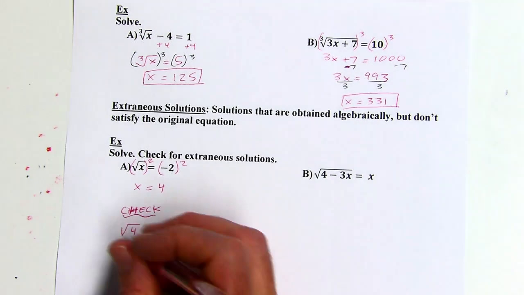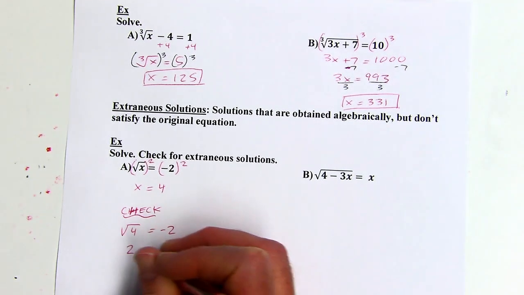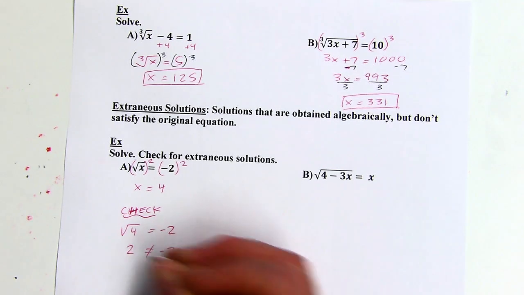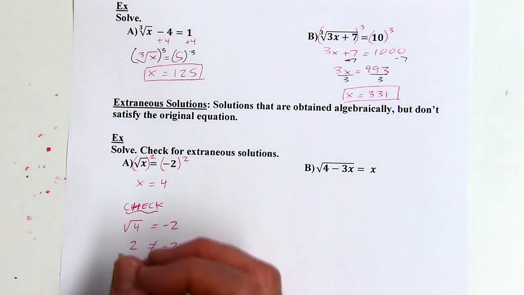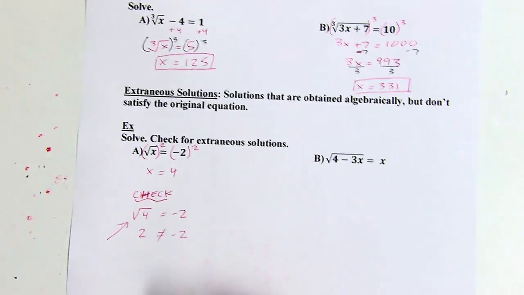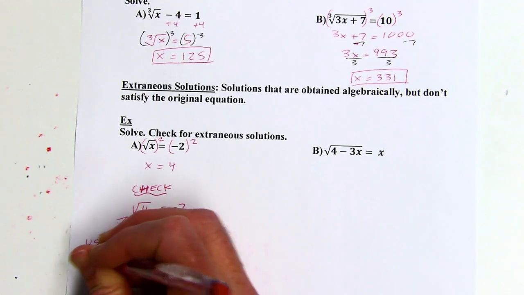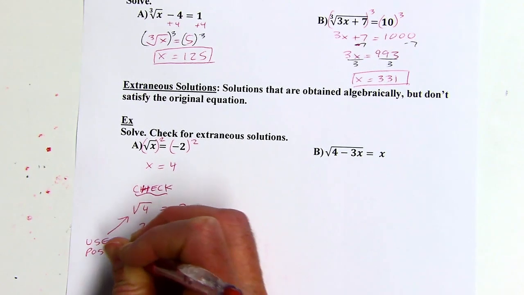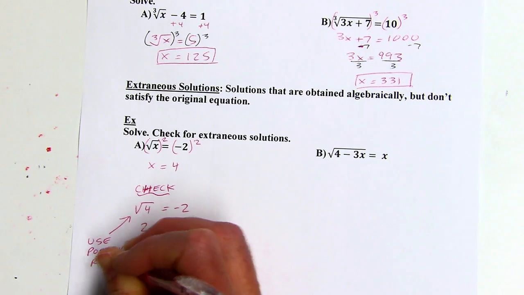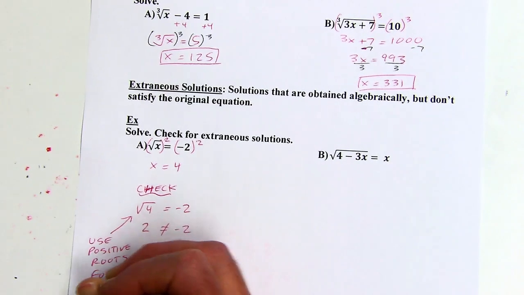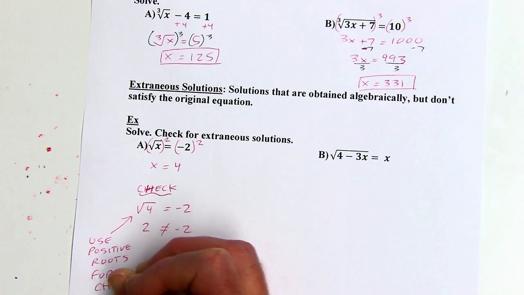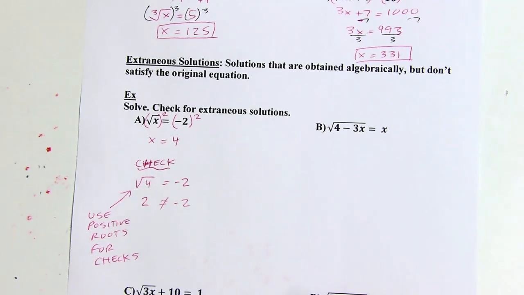So I'm going to simplify this left side to 2. And that does not equal negative 2. So I'm going to write: use positive roots for checks. Those are called the principal roots, as opposed to the negative roots.